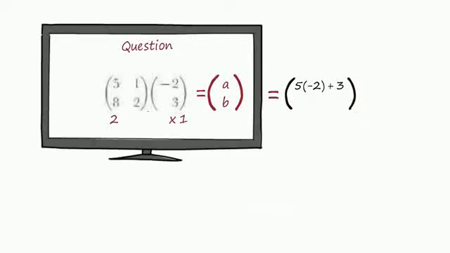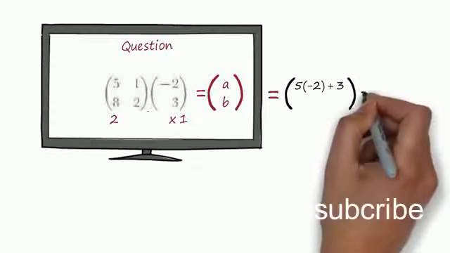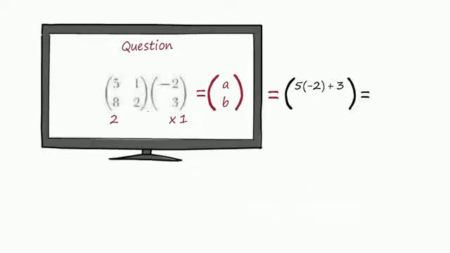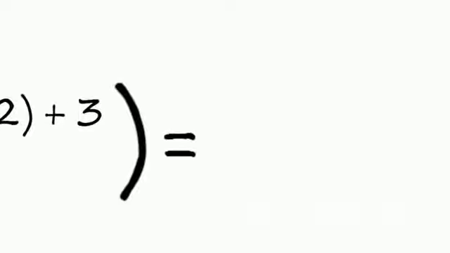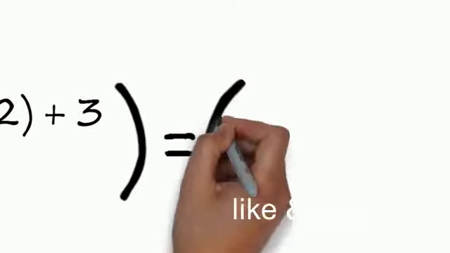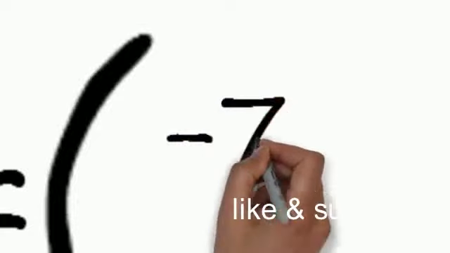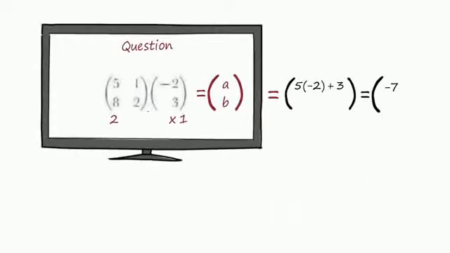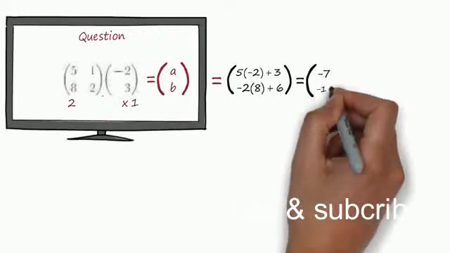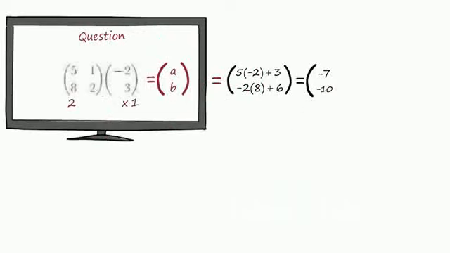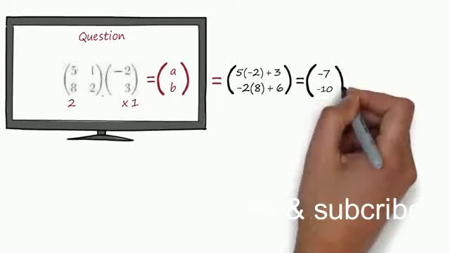We get A, and if you calculate this using your calculator or mentally, because it's a small number, we get minus 7. And then we move on down. That's 8 times minus 2 plus 2 times 3, which is 6, and you get minus 10. Moving too fast, you can slow down the video. So that's matrices for you.